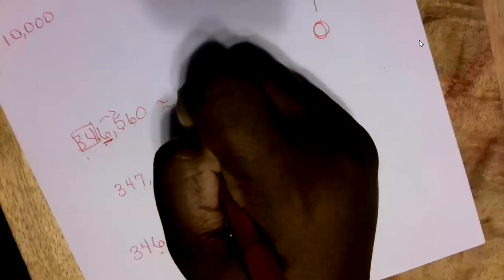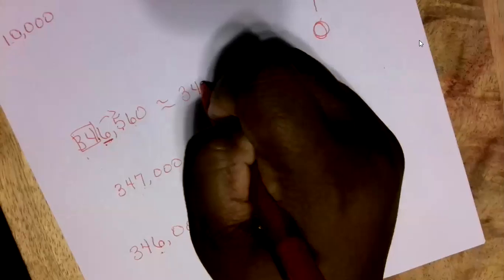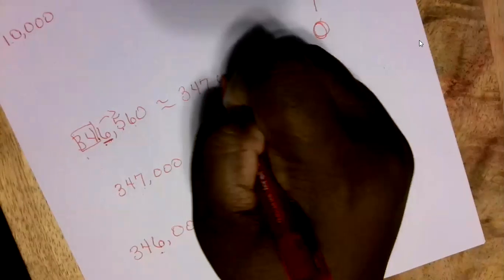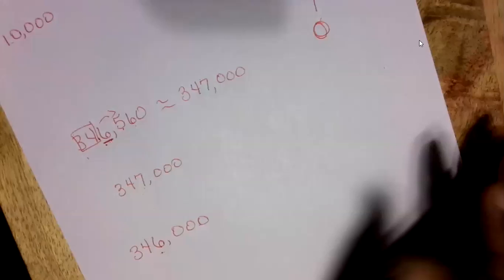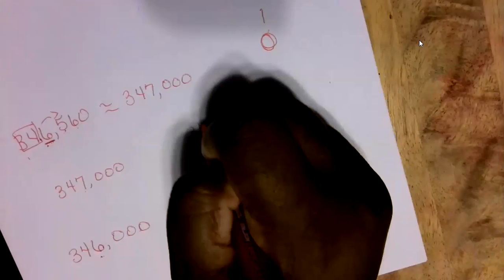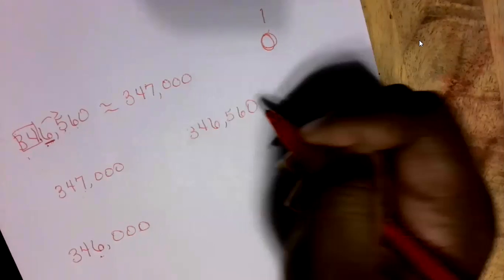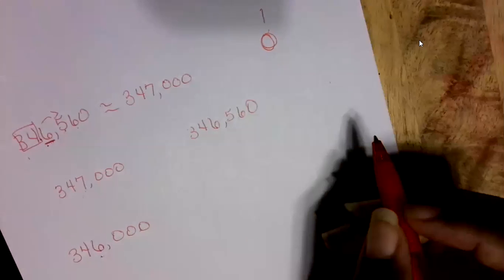So we're going to say that 346,560 is about 347,000.